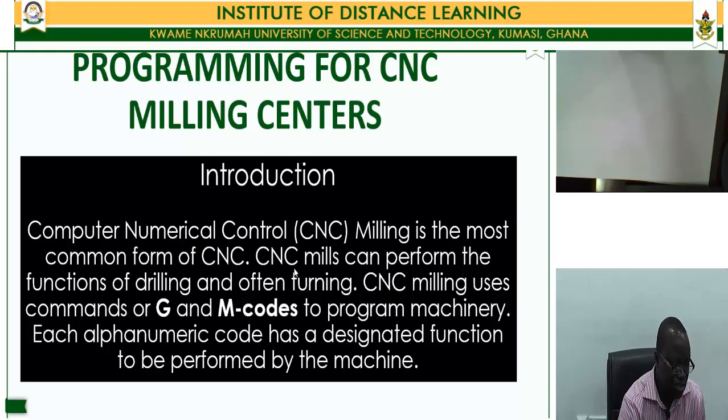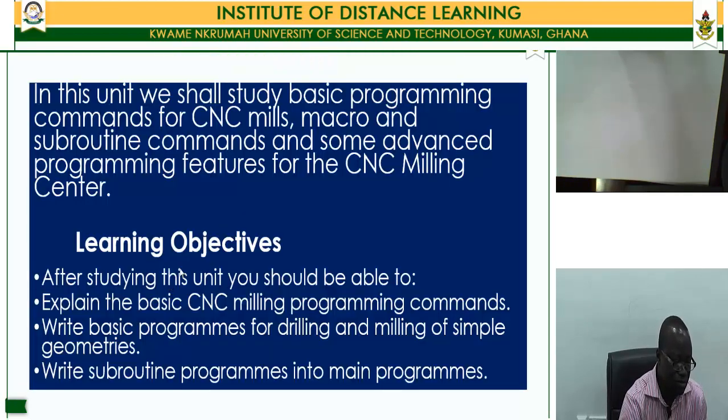When you are using the CNC mill in milling a part, it uses commands or G and M codes to program the machinery. These codes are alphanumeric, and each code has a designated function to be performed by the machine.